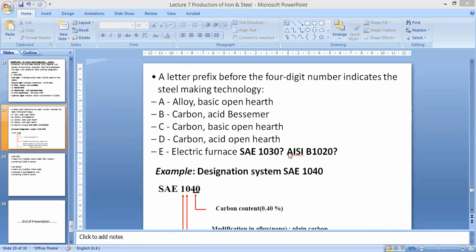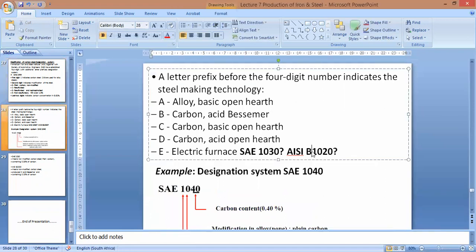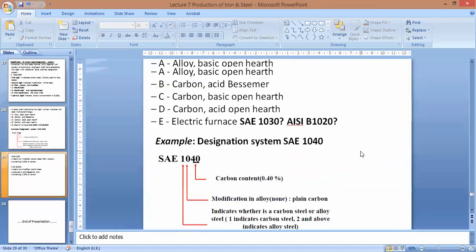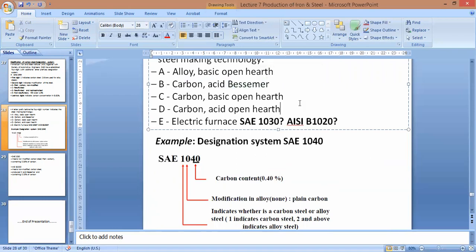So let's start. B, what does B mean? Carbon. Okay. So B means carbon acid Bessemer, okay?